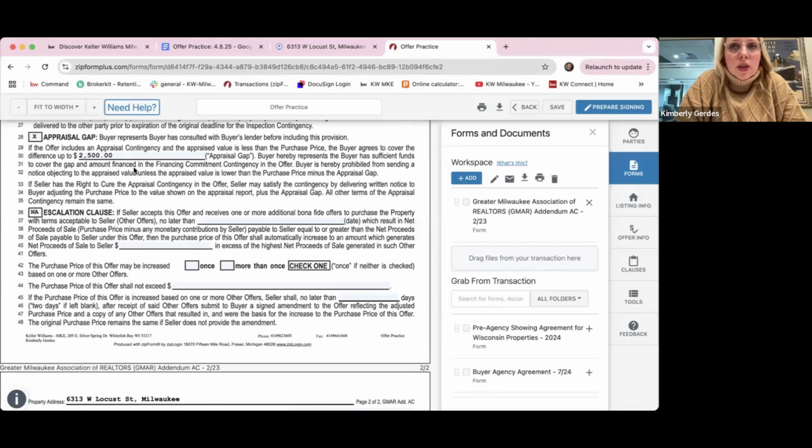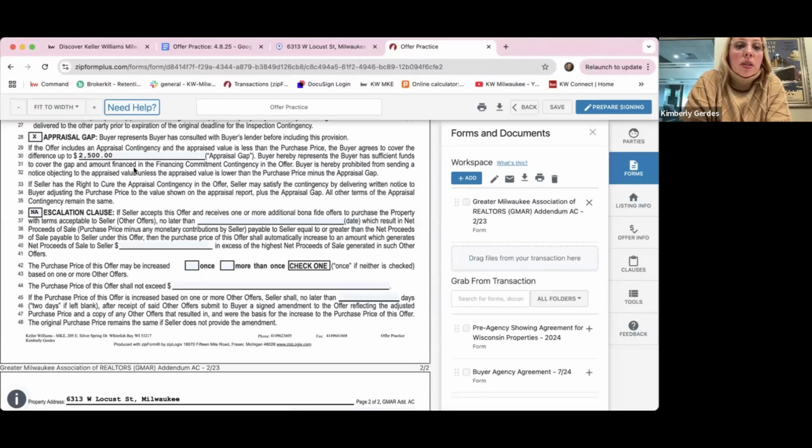In 2020 and 2021, buyers were offering like $100,000 over asking. And sellers were very excited when that was happening, right? They're like, oh my gosh, how exciting. But then the buyer's lender would come in and have an appraisal done. And the appraiser was saying, there's no way this house is worth $100,000 more than the asking price.